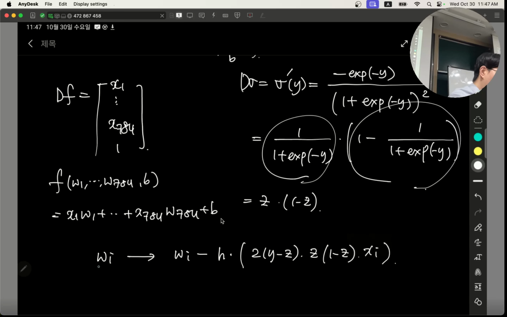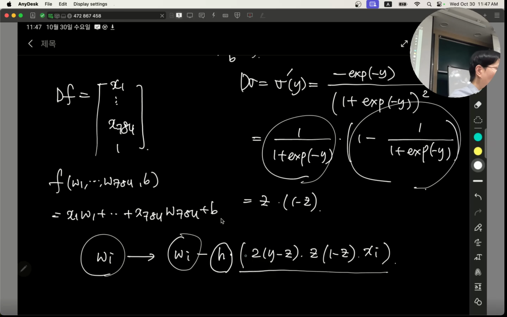So you simply change your previous w to the new w by subtracting this much with the scaling factor. This is called a learning rate.